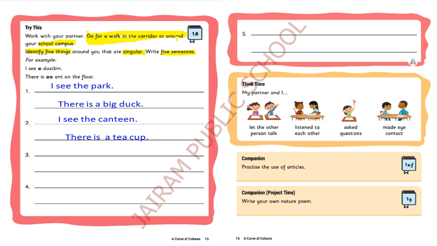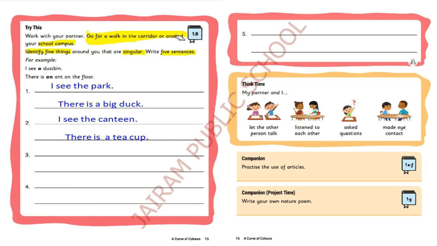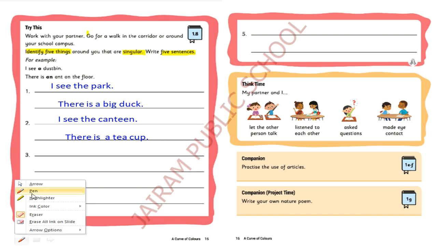Okay, consider only the lines which I have highlighted. Go for a walk in the school corridor or around your school campus. Ignore children, only consider the walk in the corridor.